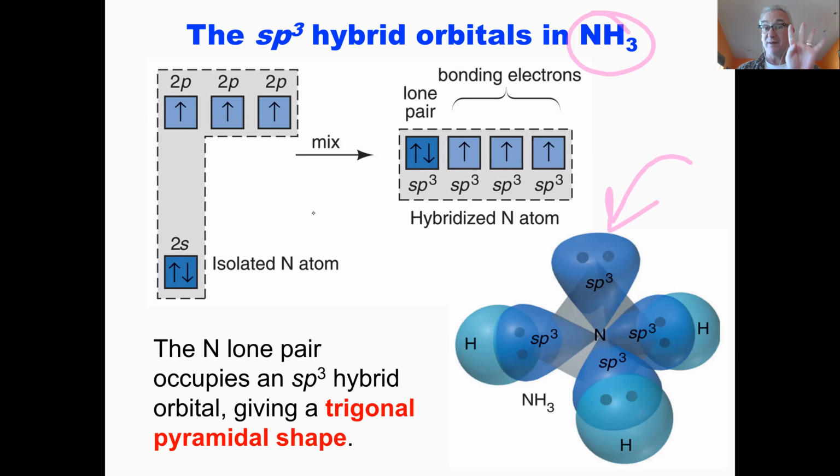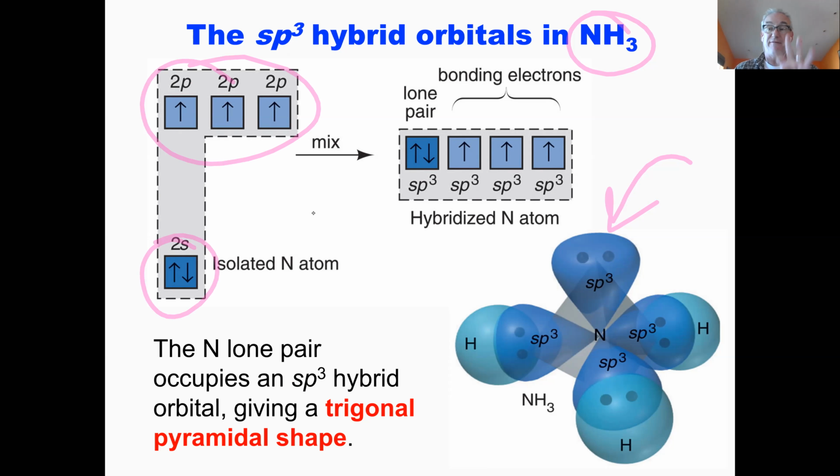We have to remember the lone pair. So since it has 4 regions of electron density, it does the same hybridization that carbon did. It takes the 2s orbital and the 3 p orbitals and hybridizes them just like carbon to form sp3 orbitals.